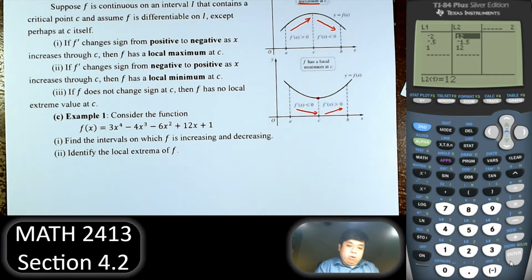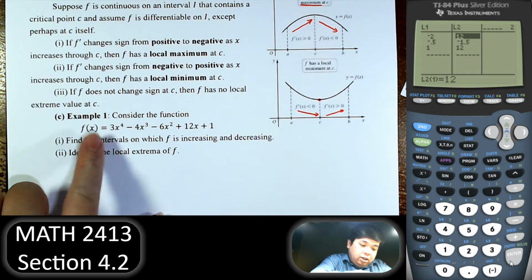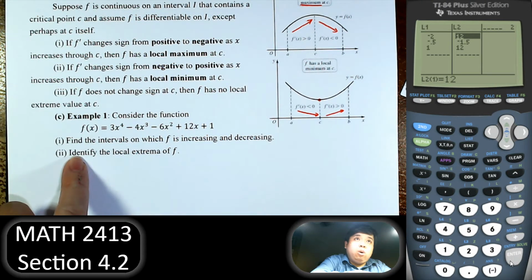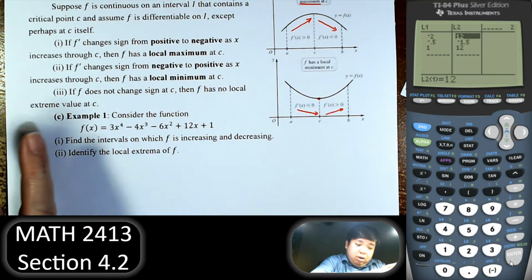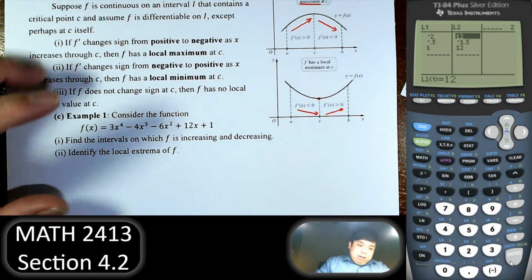we have an example here. Consider this function. Find the intervals where the function is increasing, where it is decreasing, and then identify the local extrema. Local extreme means either maximum or minimum, local max or local min. Right.